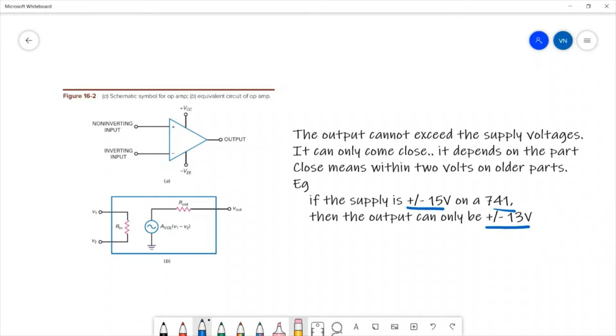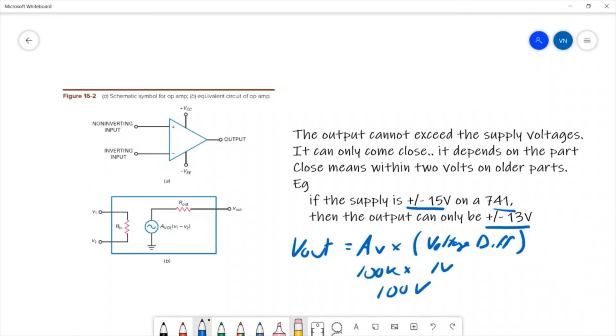They have a little bit of a voltage drop across them, which means you're not going to get the full 15 volts out. So just because V out of an op-amp is AV times the voltage difference, and the gain is 100K and the voltage difference is 1 volt, does not mean you're going to get 100,000 volts out of this thing. You're not going to get any more voltage out of it than what it's being powered by.